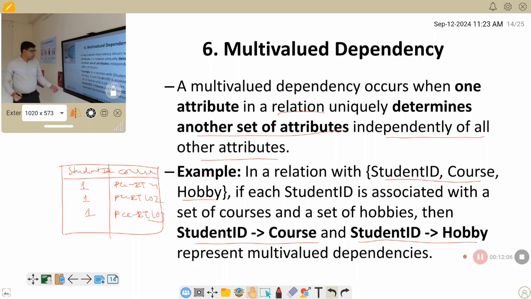So these dependencies are called multi-valued dependencies, because the student ID is the same but it contains three different courses. So the courses dependency is a multi-valued dependency. Similarly, hobbies may be different for a single student. That's why there are so many hobbies for a particular student. So multiple values are there, and that's why it is a multi-valued dependency.